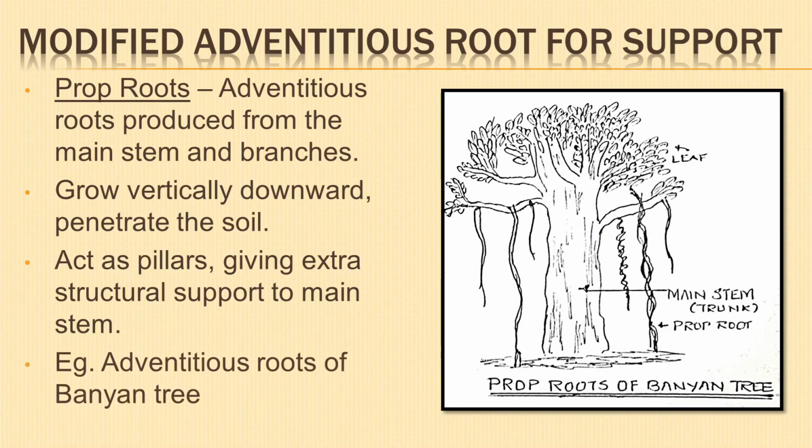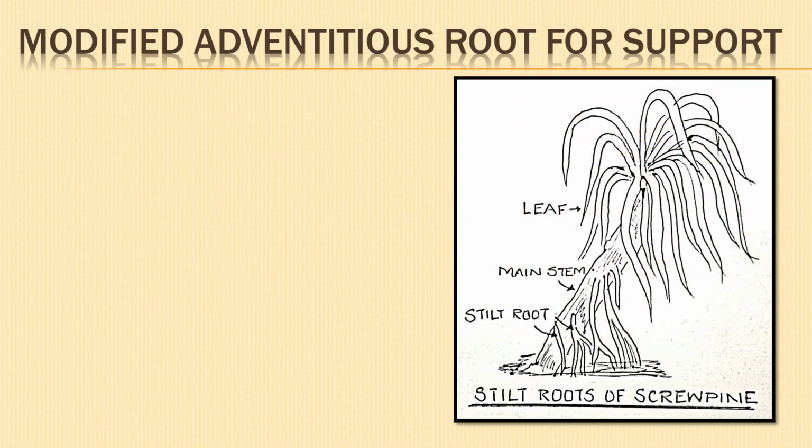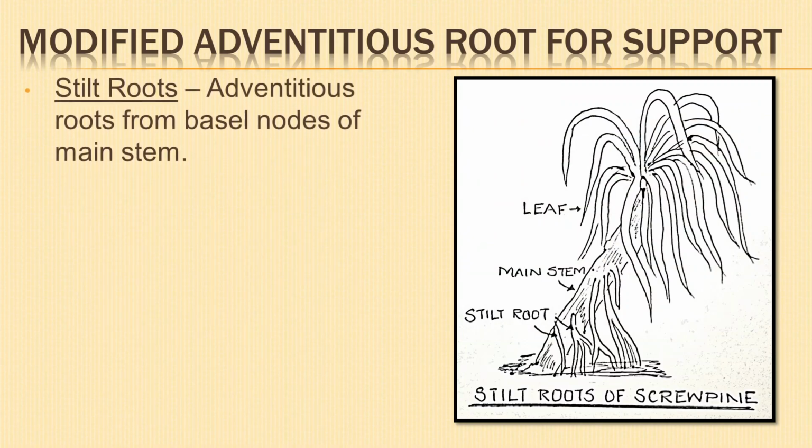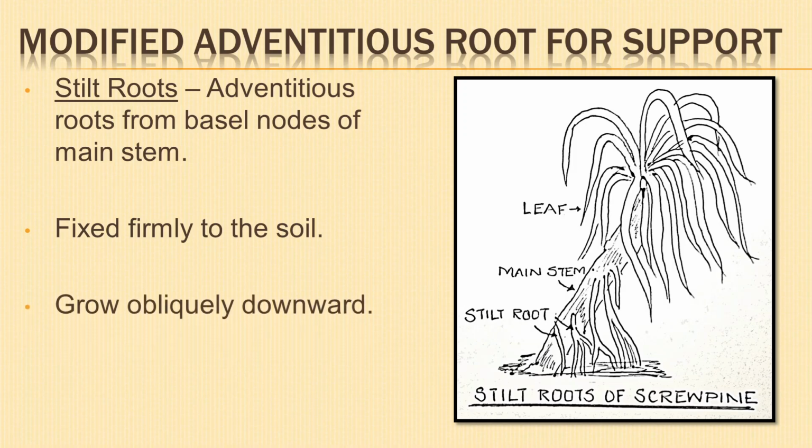Example, adventitious roots of banyan tree. Stilt roots. They are adventitious roots which arise from the basal nodes of the main stem and fix firmly to the soil. They grow in obliquely downward direction, as seen in sugar cane.